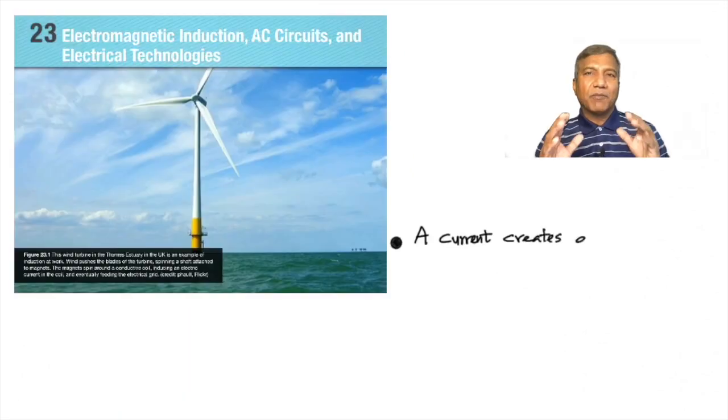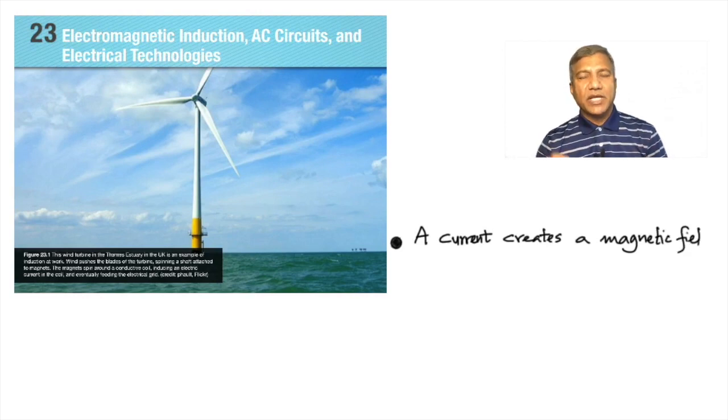Remember that if the magnetic field, however strong it may be, does not change, then the induced EMF or induced current is zero. So the key point is that the magnetic field has to change in order to induce an EMF or a current. That's a very important point to notice.